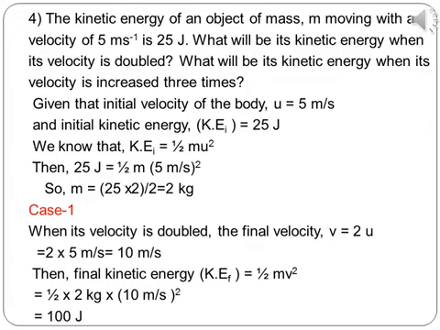It is equal to 2 into 5 meter per second is equal to 10 meter per second. Then, what should be the final kinetic energy KEF, which is equal to 1 by 2 mv square is equal to 1 by 2 into 2 kilogram into 10 meter per second whole square is equal to 100 joule.